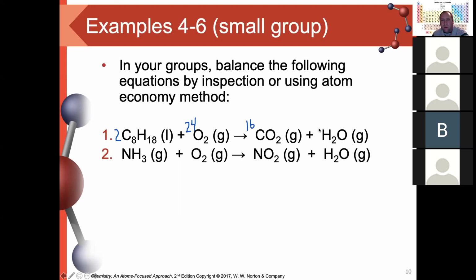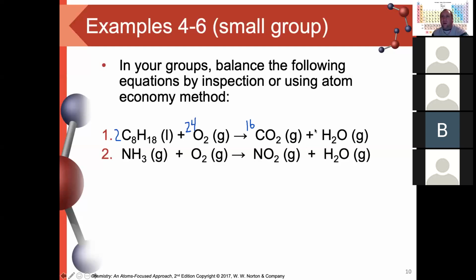Wait, let me see. No, I got 16. All right, 16 for carbon dioxide. What about water? 16 also? Yeah, but I could be wrong with my numbers. Because I'm trying to put, from the right side, the O is supposed to be a total of 48.